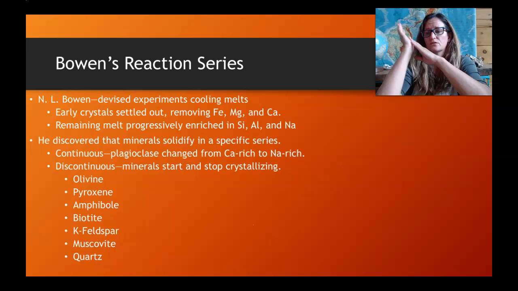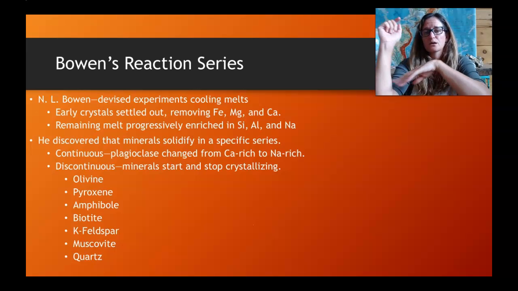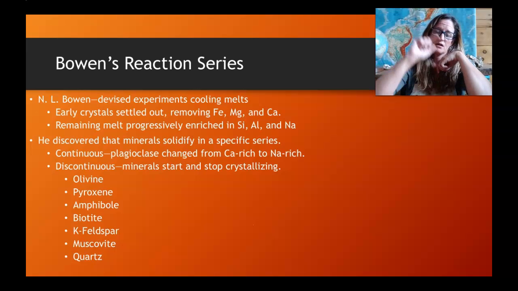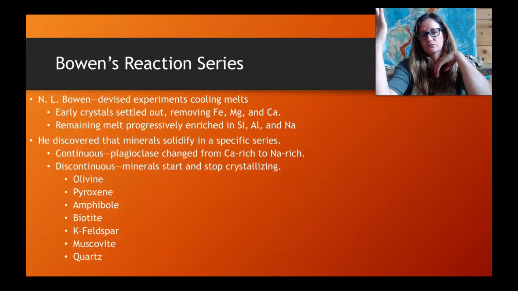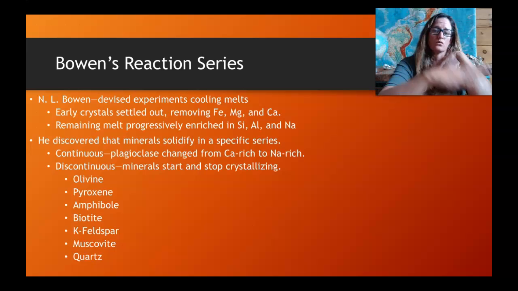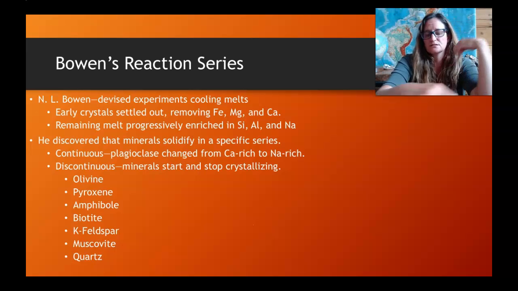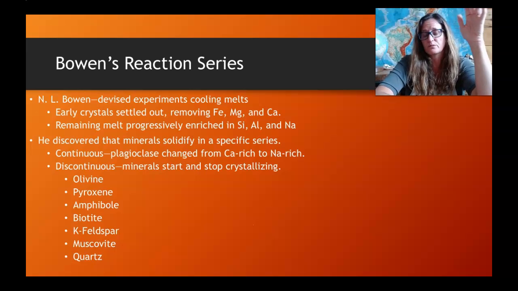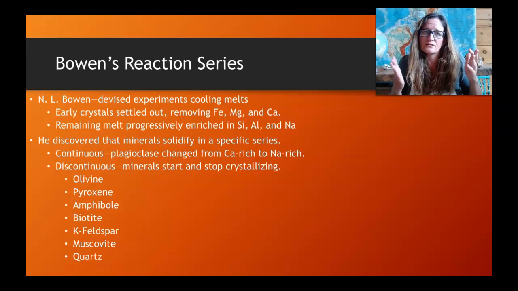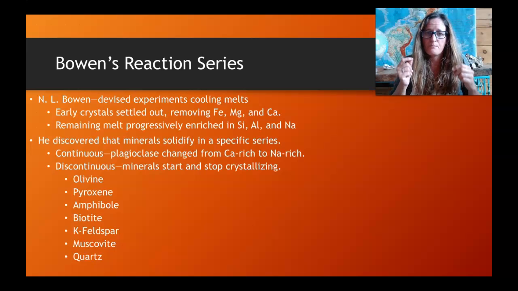Then there's also the discontinuous series where we're jumping from mineral to mineral, starting with olivine that is really rich in magnesium and iron, and then going down to quartz, which has just silica and oxygen in it. So let's look at a picture and see what that looks like. Remember, Bowen's reaction series is an idealized order of crystallization of minerals from a magma.